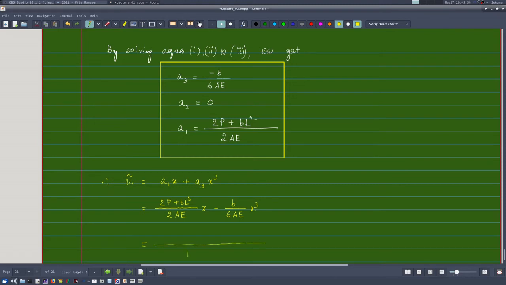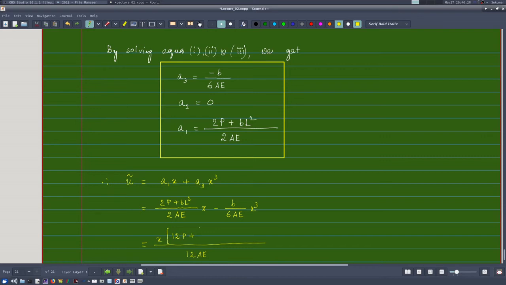So we can get 12 AE here, and then I will take x common, then I will get 12 P plus, this is 6, no?